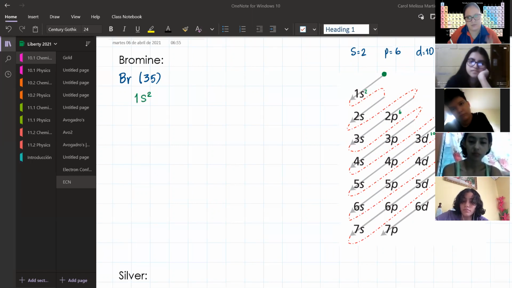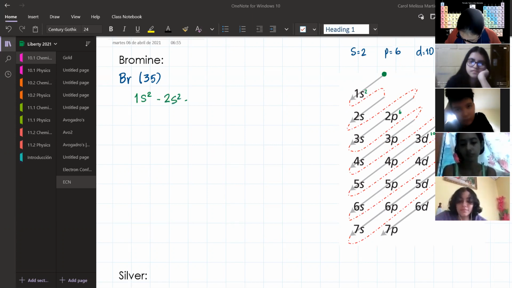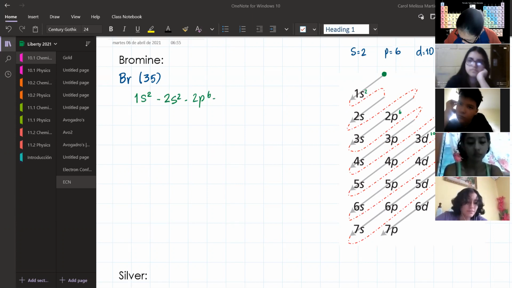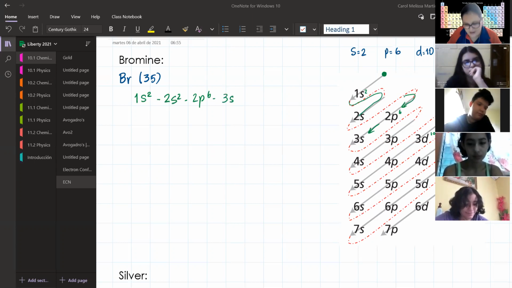1s2, 33 electrons to go, 2s2, 2p6. We were here, then here. Now we're moving into 3s. S can hold 2 electrons.